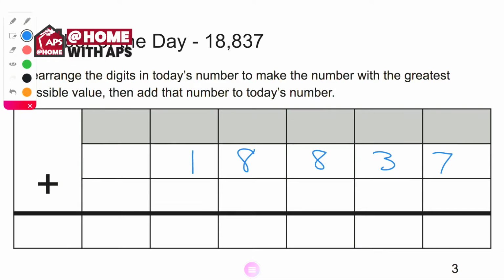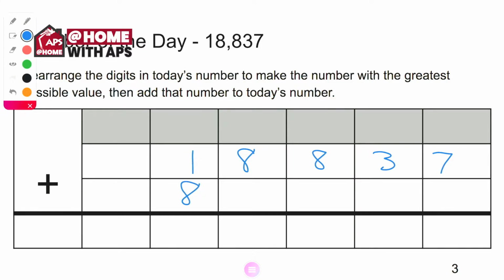If I was to go ahead and find the greatest possible value, help me out here. What would I have to start with if these are my digits? Remember, I can take those digits and rearrange them. So if I had to have the greatest, what kind of number would I need to go for? The biggest, right? So what is my largest number here? 8. So I'm going to start with 8.